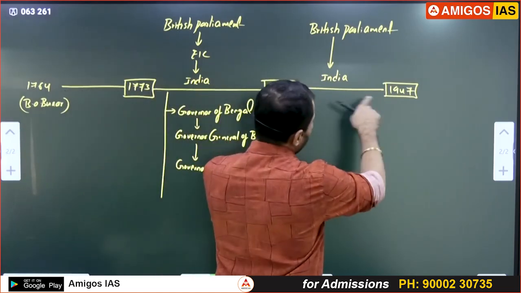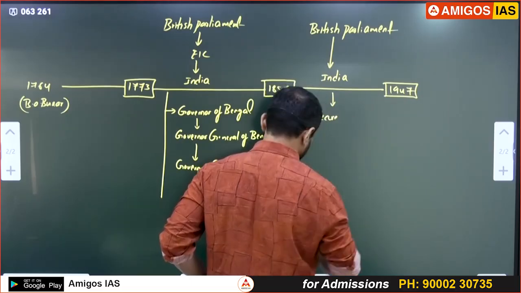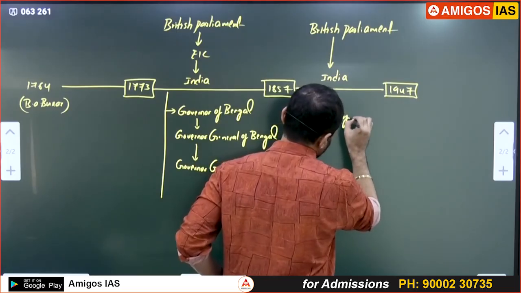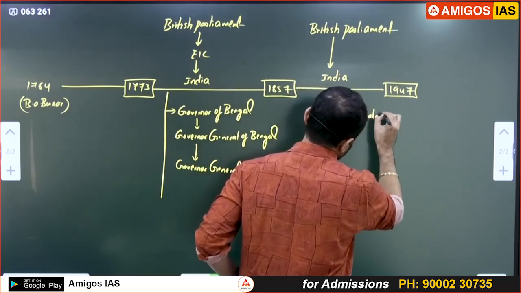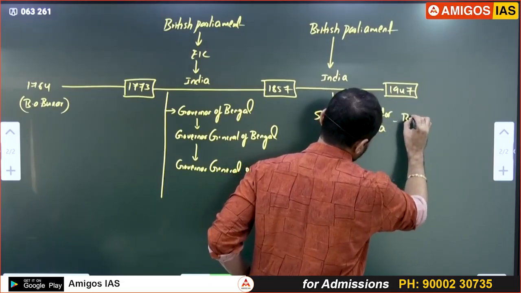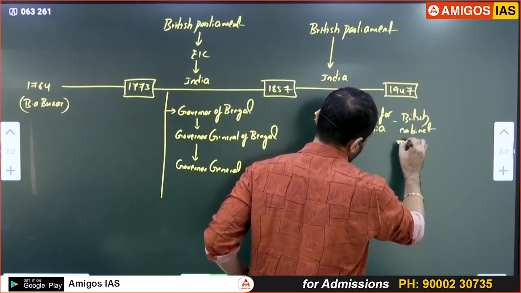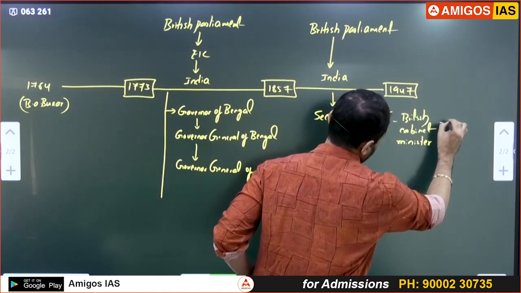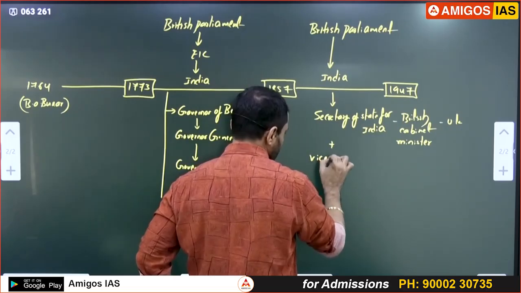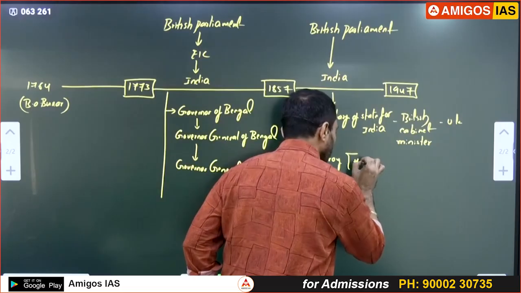Whereas after this, they had the Secretary of State for India, who is a British Cabinet Minister and sits in the UK. Whereas Indian activities were maintained by the Viceroy, the head of India.